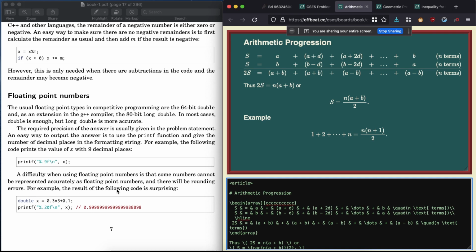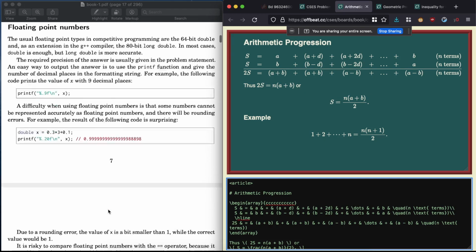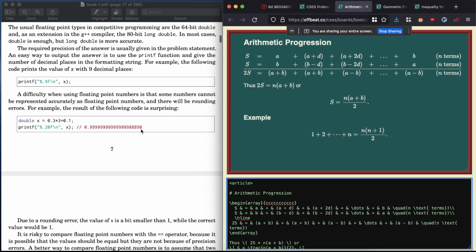For example, the result of the following code is surprising. If we do this computation 0.3 times 3 plus 0.1, as human beings, we know that this is supposed to be 1.0, but the machine will tell us 0.999 and some number of the digits 9 followed by 8 here.